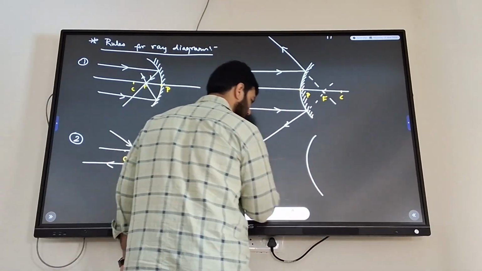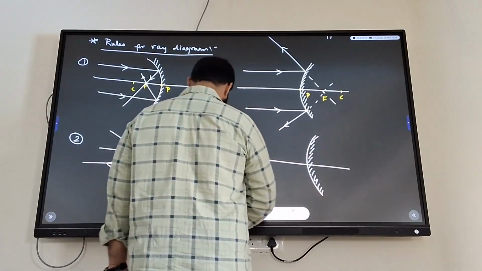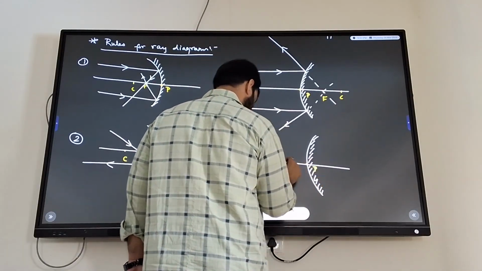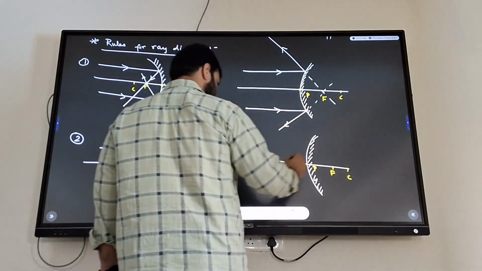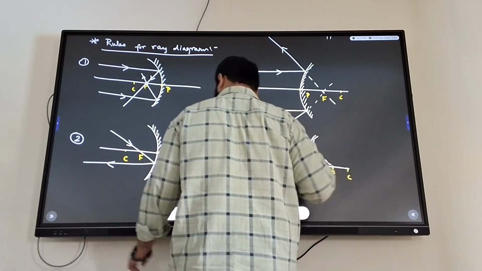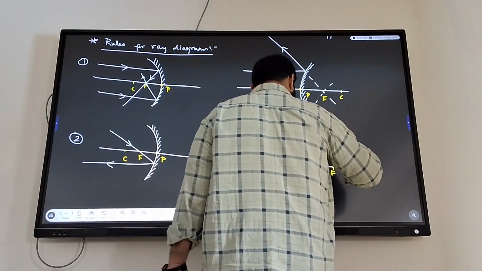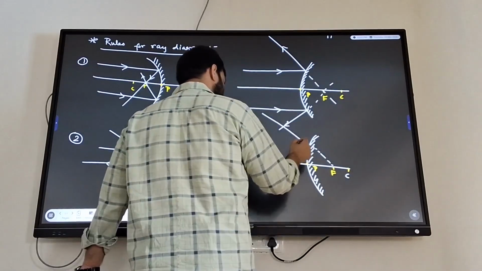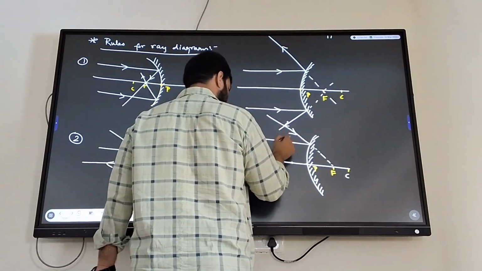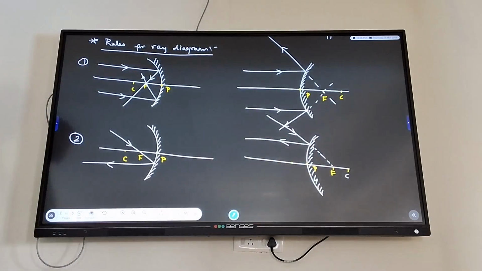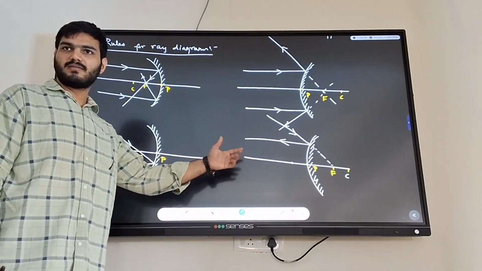What about here? What about the third one then? Are these diagrams done? The first one at least?